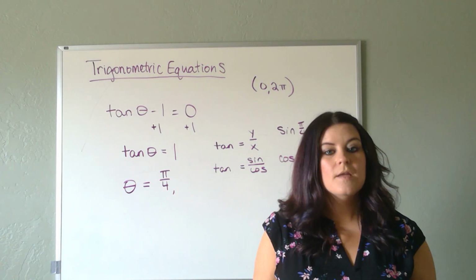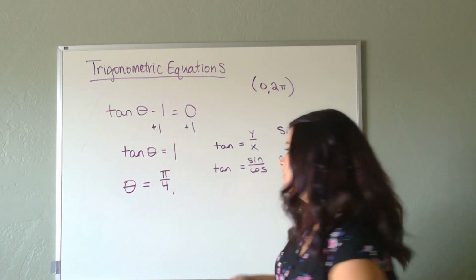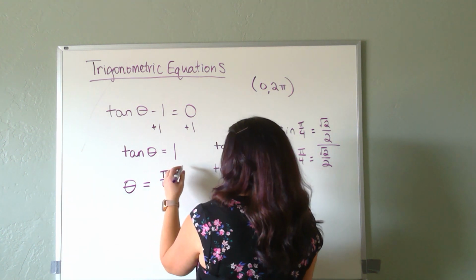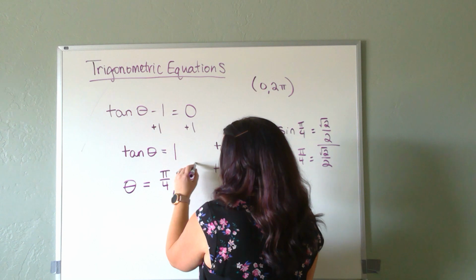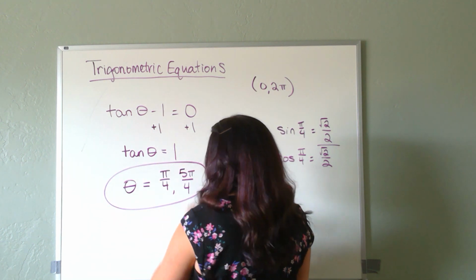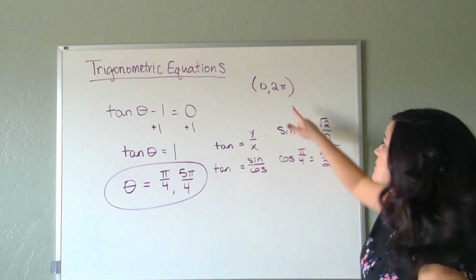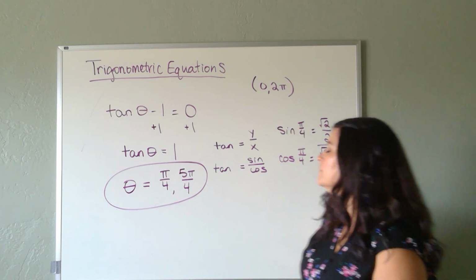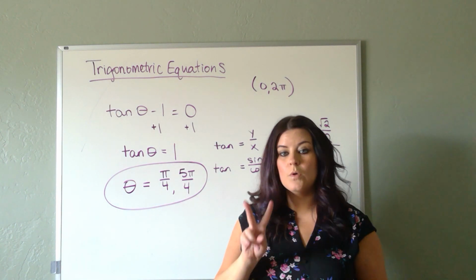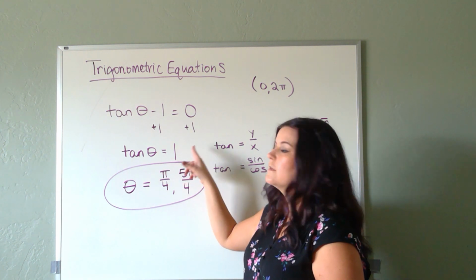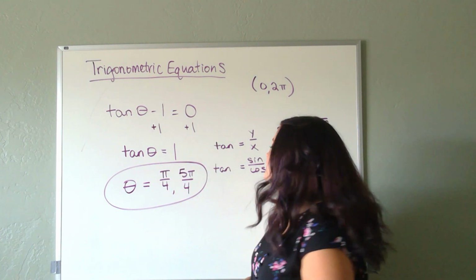So in the third quadrant, your reference angle pi over 4, that's going to be the 5 pi over 4. So this one has 2 answers for theta within our 1 rotation, so between 0 and 2 pi. We have pi over 4 and 5 pi over 4. Those are the only two places where tangent equals positive 1.